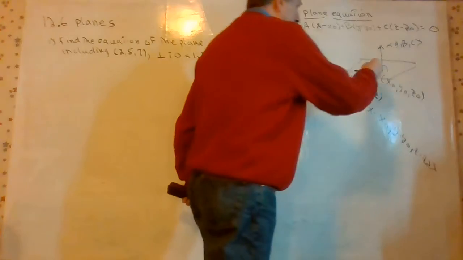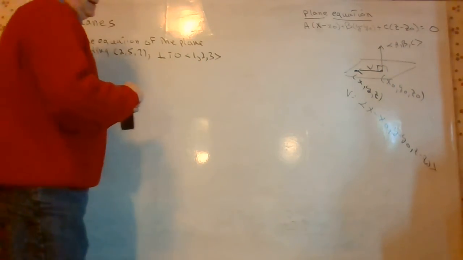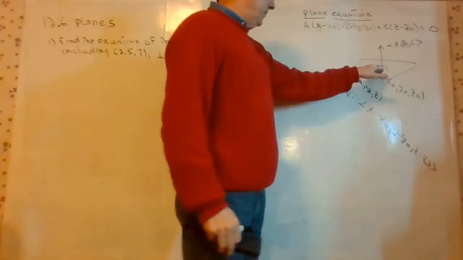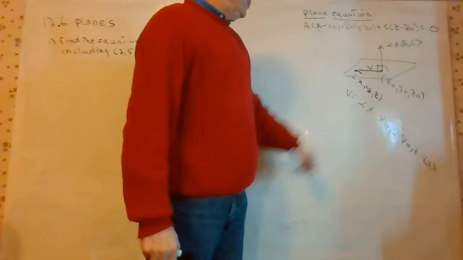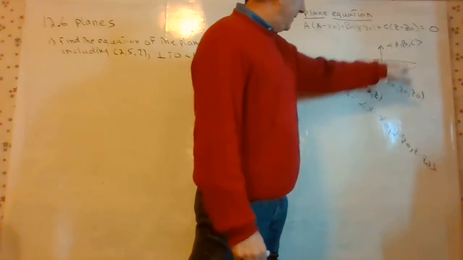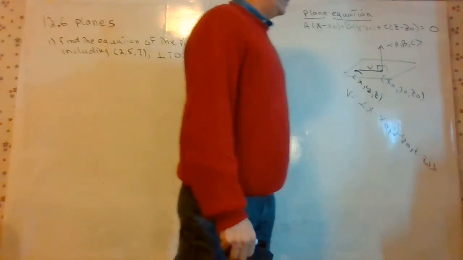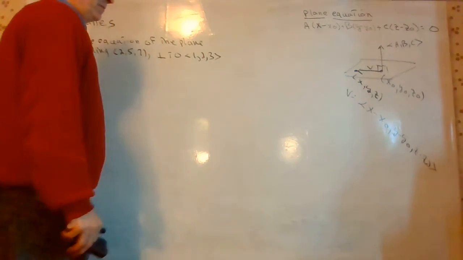It turns out these two vectors are perpendicular. The other name for this is orthogonal. Two orthogonal vectors have a dot product of 0. So guess what? If you dot that on that, you have this, and we can set it equal to 0. It's as simple as that.